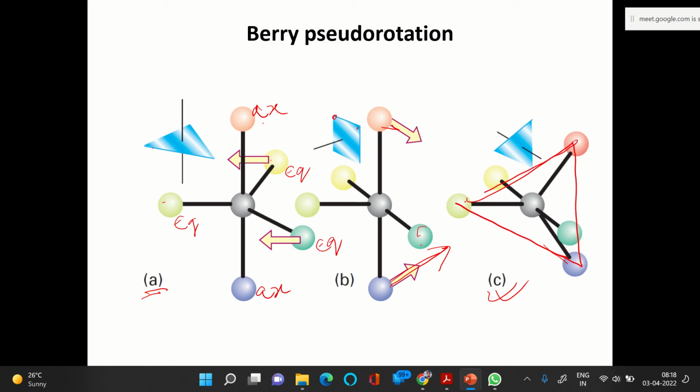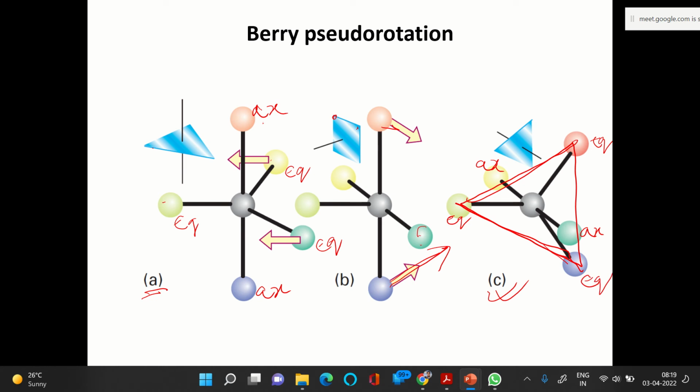Connect the center to center of this. So this is forming one triangle, and something that was equatorial has now become axial. These two are axial, and these three are equatorial now. So the distinction between the axial and equatorial is gone.